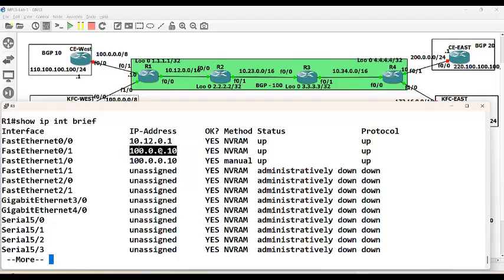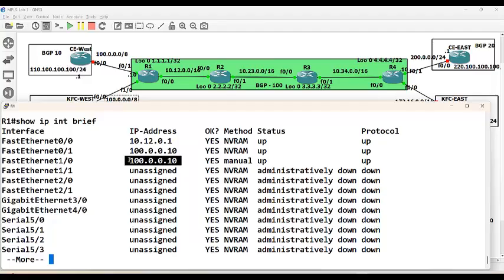So those who do not know about VRF, for them it will be like, what? How can two interfaces have the same IP address? Each interface is a different broadcast domain. It should have a different IP address, different broadcast domain, different control plane. Sorry, same control plane.